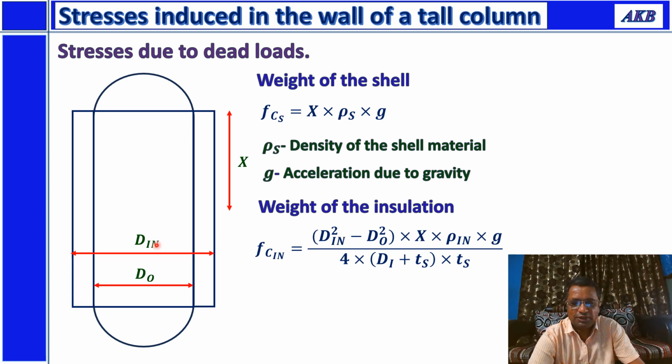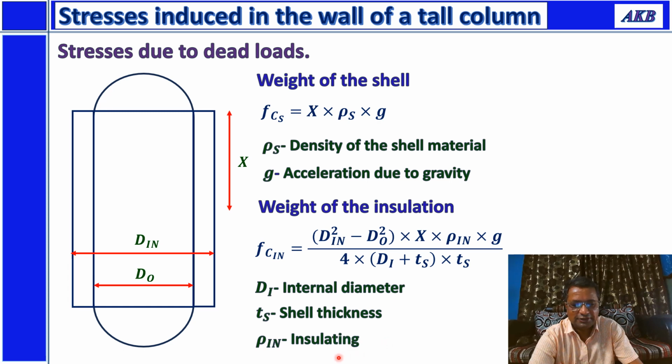Din is the insulation diameter, you can see it over here. dO is the outer diameter of the shell. di is the internal diameter of the shell, ts is the shell thickness, rho in is the density of the insulating material. Other terms are shown in this diagram.